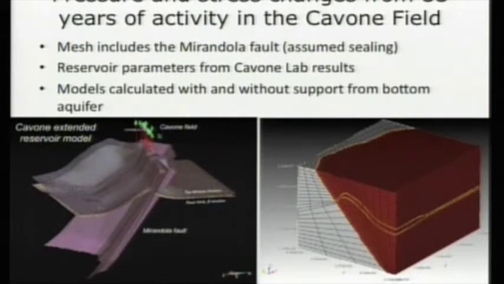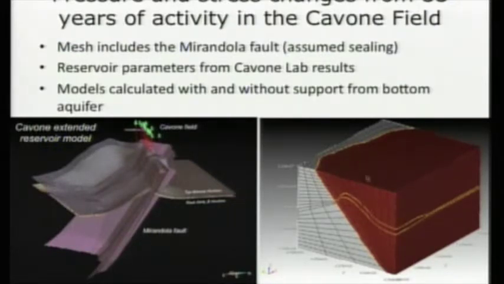The surface is up here where the wells are. These wells are connected down to the crest of the anticline, where most of them are producing. One of them is injecting. And this surface, which we will look at several times during the rest of the presentation, is this Mirandola fault surface. So this is a plane representing the Mirandola fault extending down to depths of about 20 kilometers.